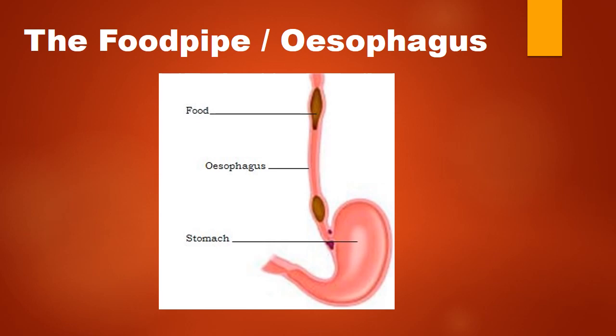The food is pushed down by movement of the wall of the food pipe. Actually, this movement takes place throughout the alimentary canal and pushes the food downwards. Can you see in the diagram? At times, the food is not accepted by the stomach and is vomited out.